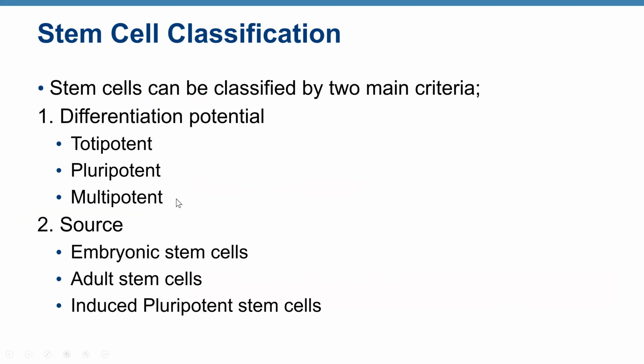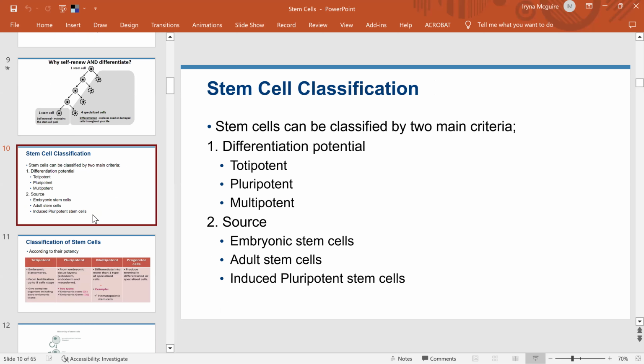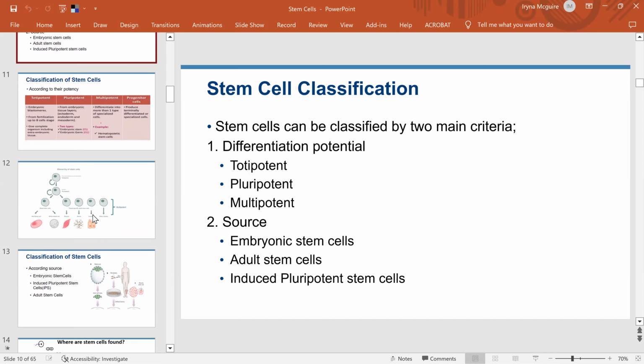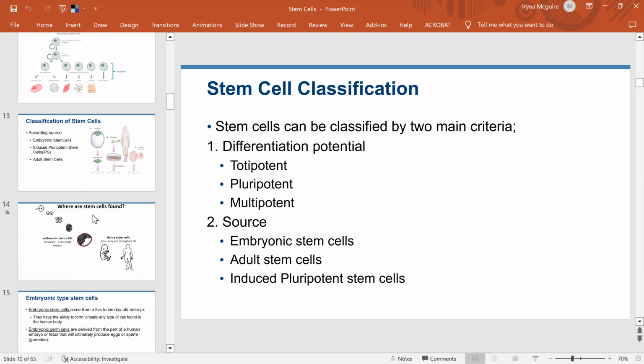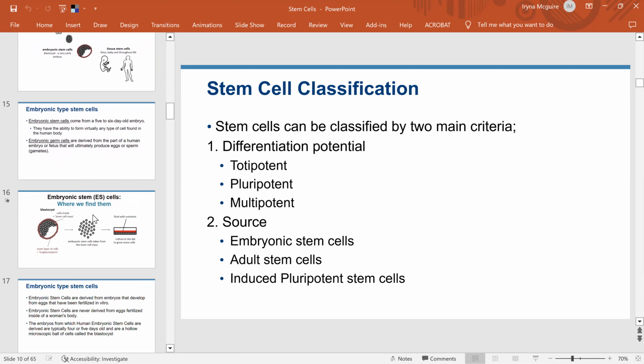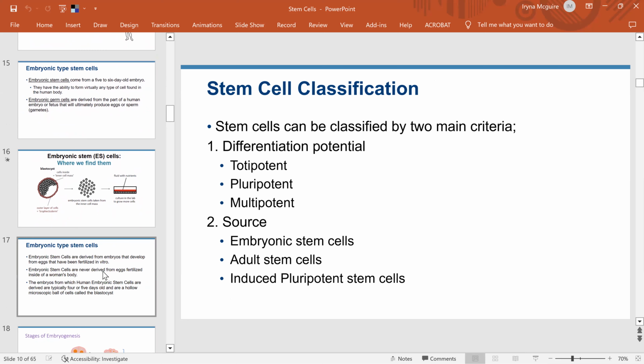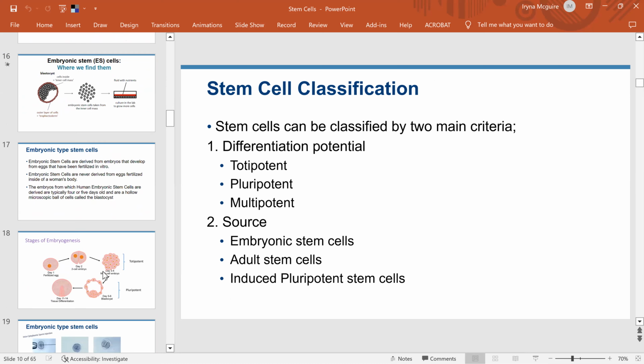Or based on the source we use to collect them, we can have embryonic stem cells, adult stem cells, and induced pluripotent stem cells. All of them have their own advantages and disadvantages, so please watch the first part of this video lecture to learn this general information about stem cells.